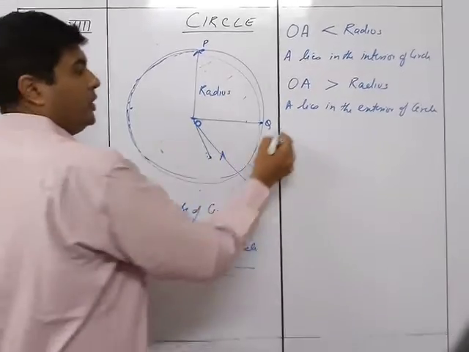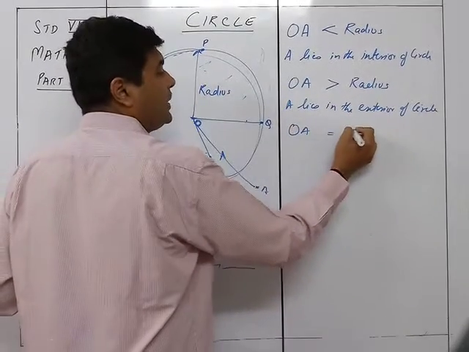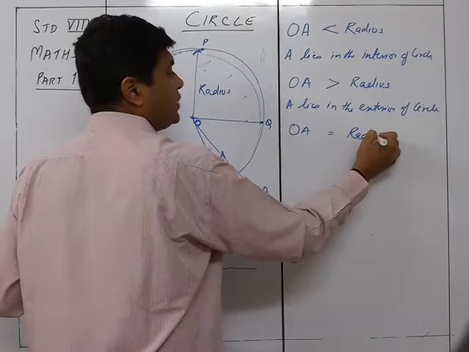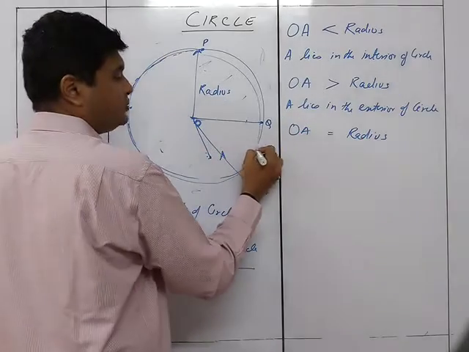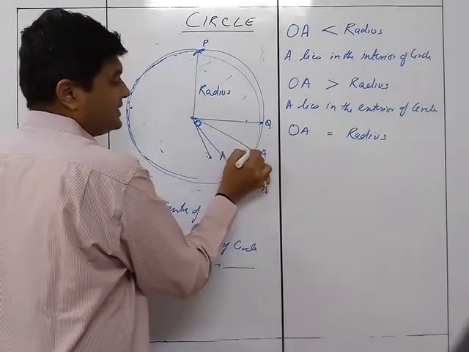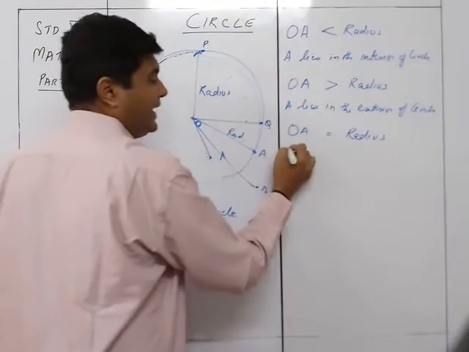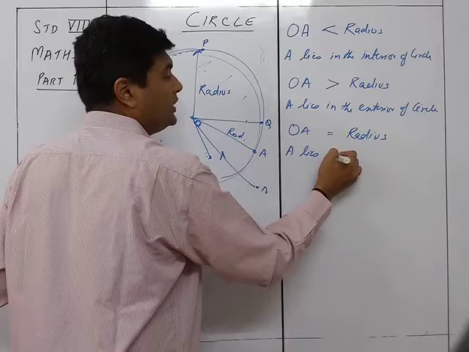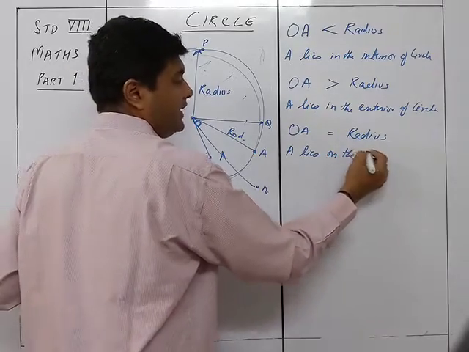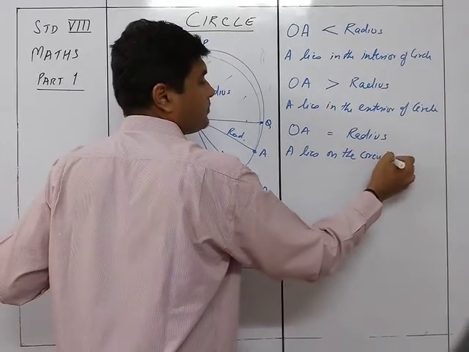But if OA is equal to the radius, that means if it is on this particular point, which is also at the radius distance, then A lies on the circle, on the circumference of the circle.